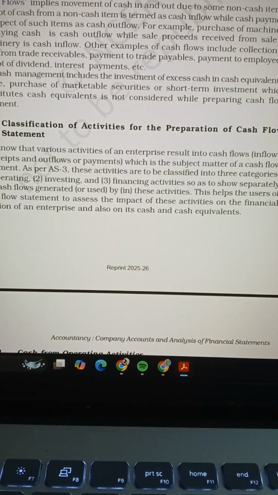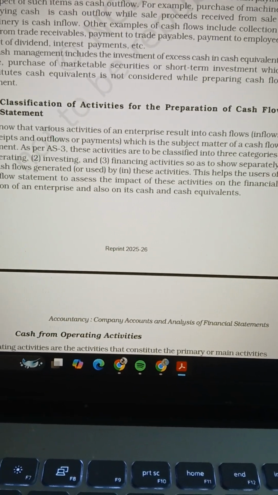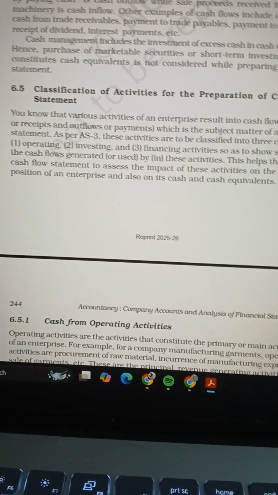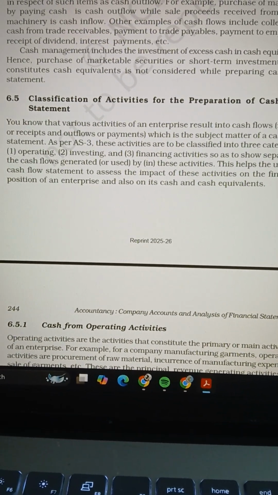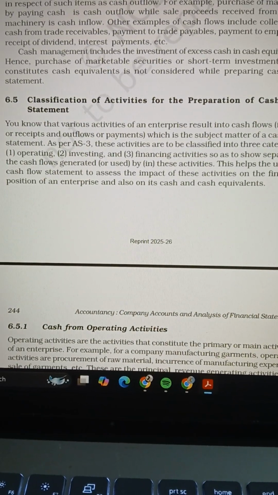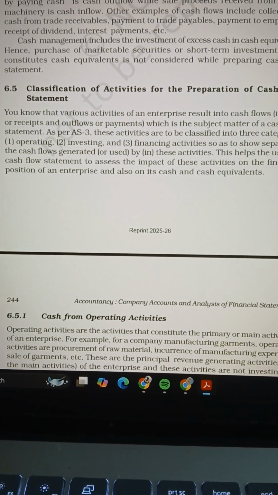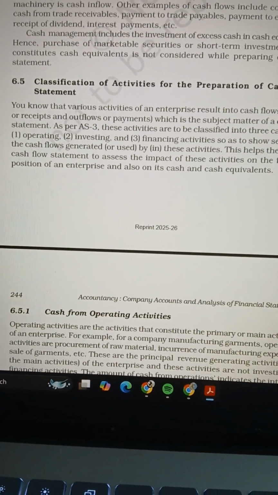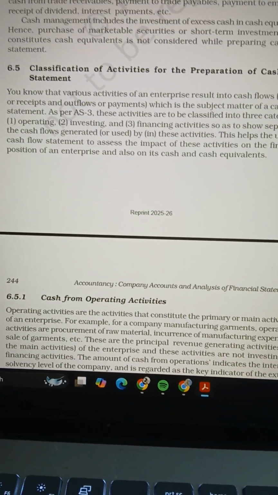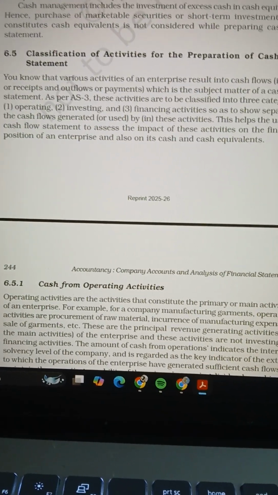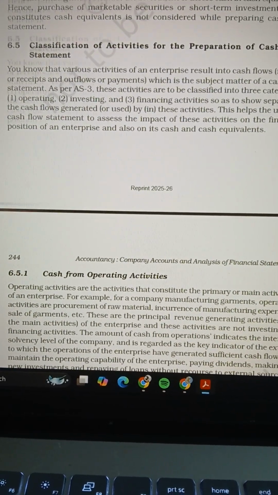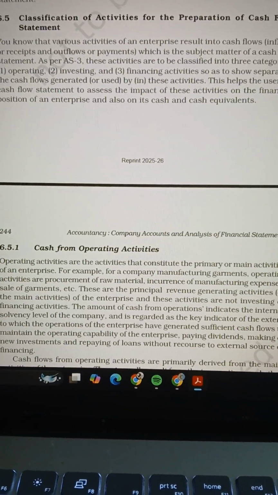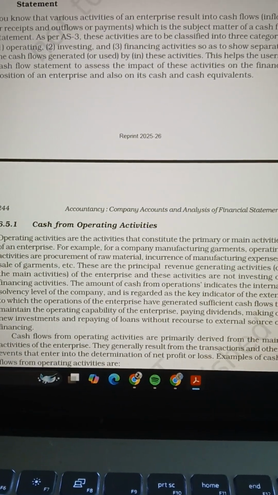As per Accounting Standard 3, these activities are to be classified into three categories: operating, investing, and financing activities, so as to show separately the cash flows generated or used in these activities. This helps the users of the cash flow statement to assess the impact of these activities on the financial position of an enterprise and also on its cash and cash equivalents.